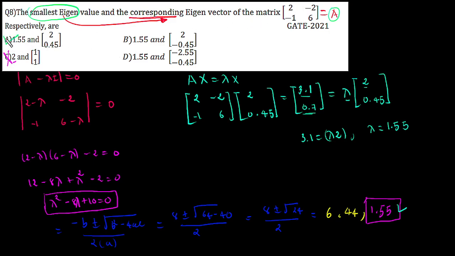You can also check the other vectors. They will not give the scalar 1.55, so they are not the correct eigenvectors. They have the correct eigenvalue but not the correct eigenvector corresponding to it. So only option A is correct.